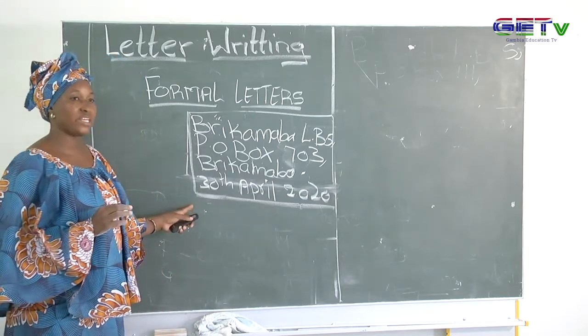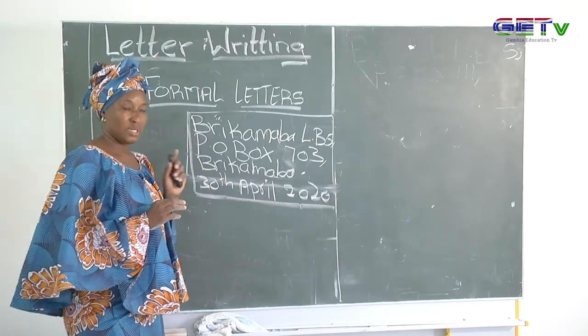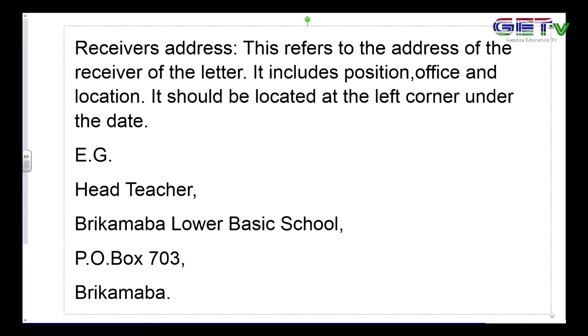The receiver's address refers to the address of the receiver of the letter whom you are writing to. It includes the position, office, and location. It should be located at the left corner under the date.